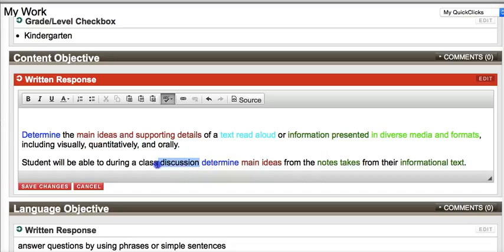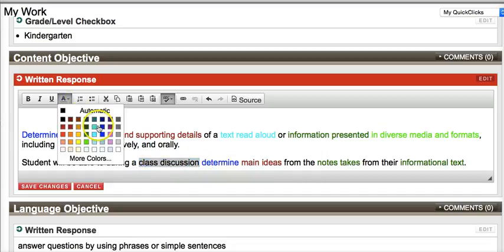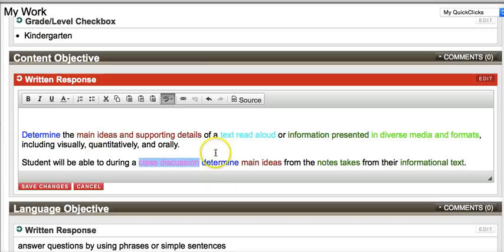During a class discussion means this is going to be listening and speaking. Because those are the two that I said that we're going to focus on. So they're going to be able to determine main ideas in a class discussion. So now I know the skill, the content, and the context. I have written a measurable objective.